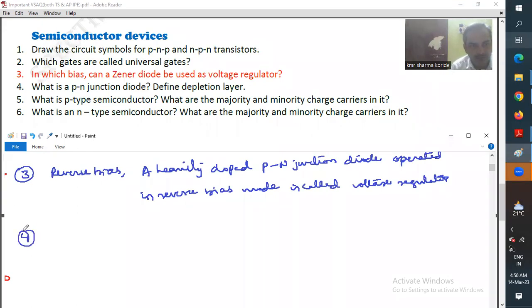Question number 4. What is a PN junction diode? Define depletion layer.